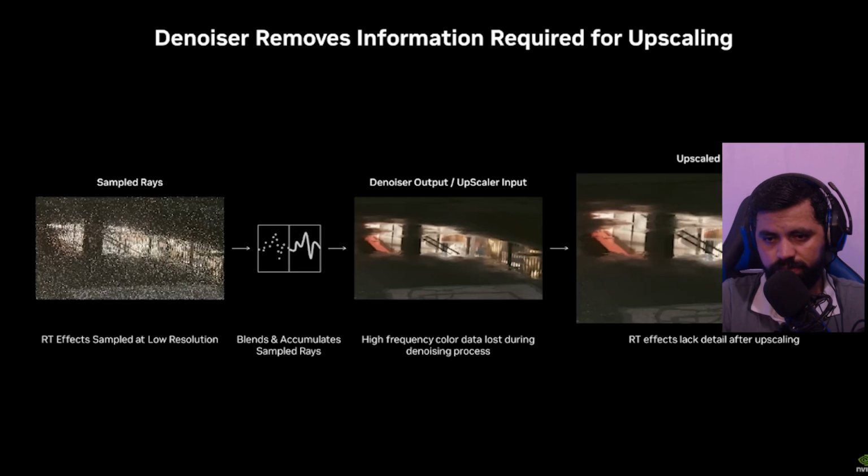These days, ray tracing is followed by upscaling, and that makes the job of the denoiser even more challenging because the denoiser naturally removes high-frequency information in order to make a smooth image. Denoising is a difficult task, and upscaling is a difficult task. With AI, we have the opportunity to bring them together and train one model that's able to use all the available information. One model to rule them all, right? And to solve both problems together.